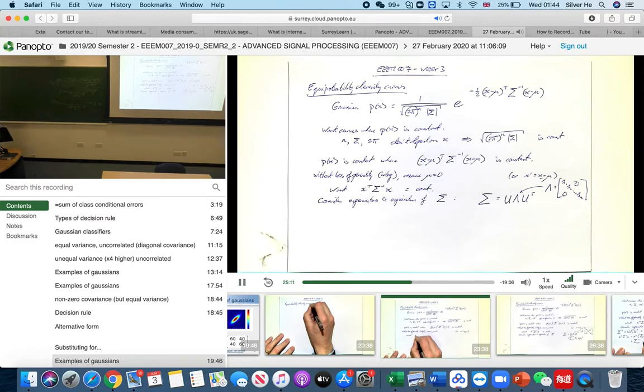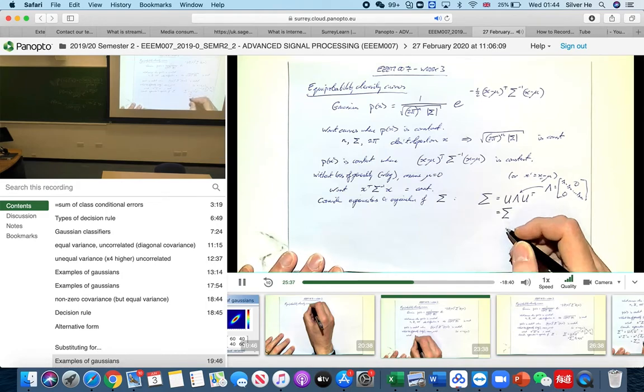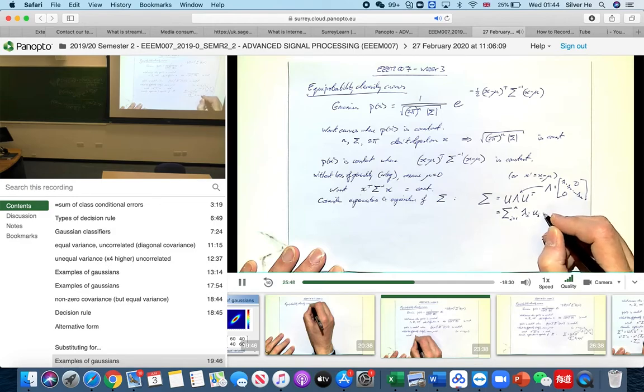If you were writing these as one-dimensional ones, we'd use sigma squared, but sigma here is the whole covariance matrix. So I'm just finding the eigenvectors and eigenvalues of the covariance matrix. And because of that, that's equal to just the sum from i equals 1 to n, the dimensionality, of lambda i ui ui transpose.